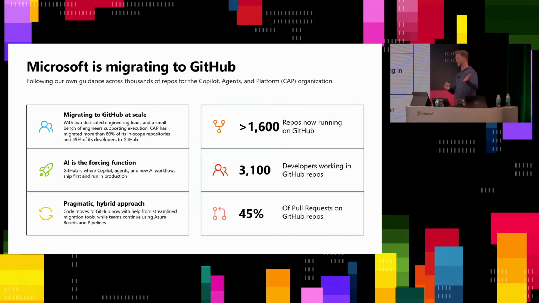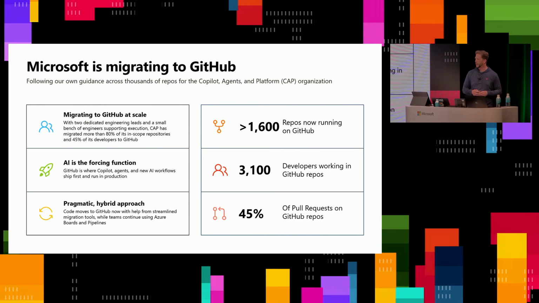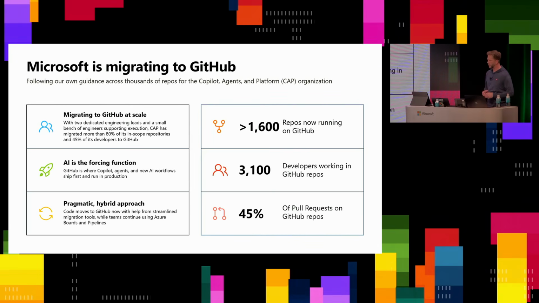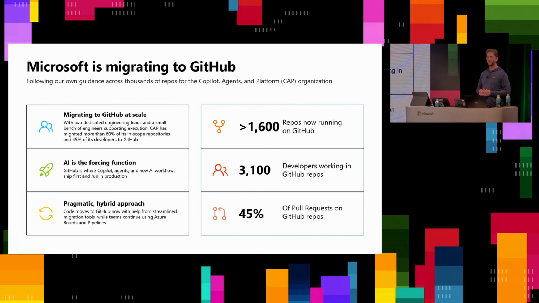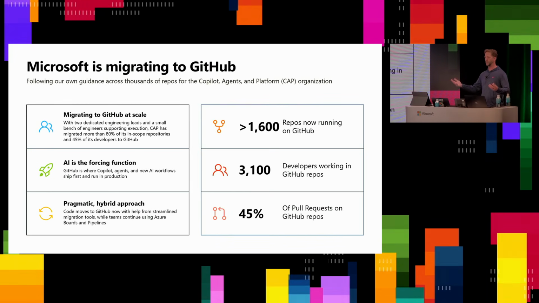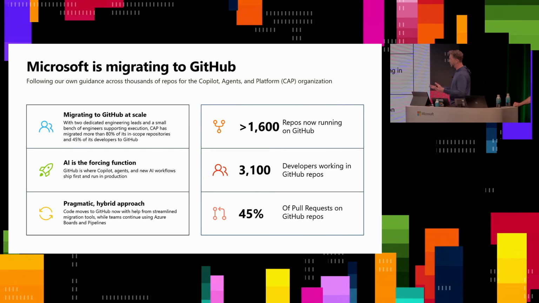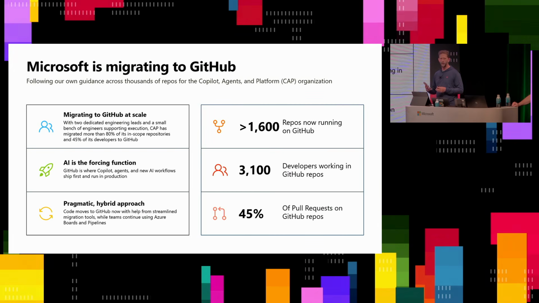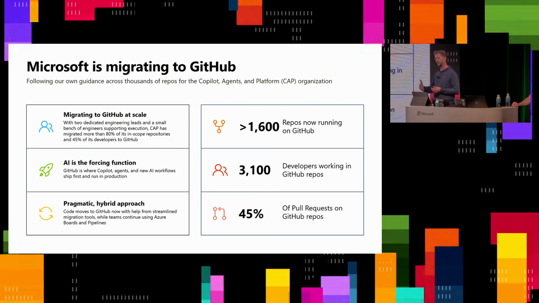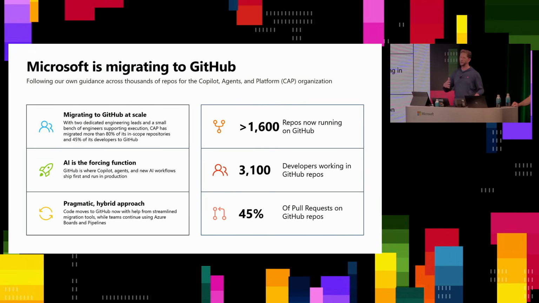To make it easier for people to migrate their repos over into GitHub. AI is a forcing function for us internally, just like it probably is for all of you, getting more AI and doing more. Again, there are some repos inside of Azure, inside of Microsoft that can be easily moved, and there are some that are not so much. So we're in the same boat as everybody else.